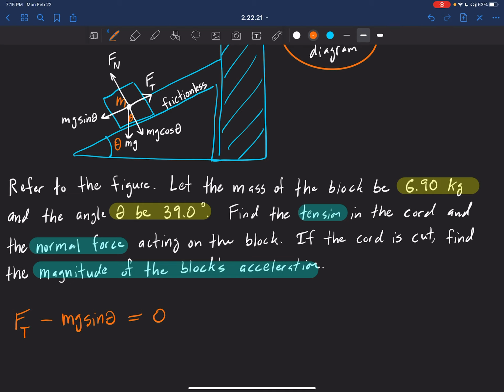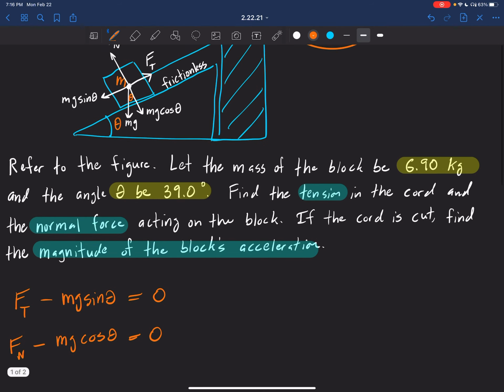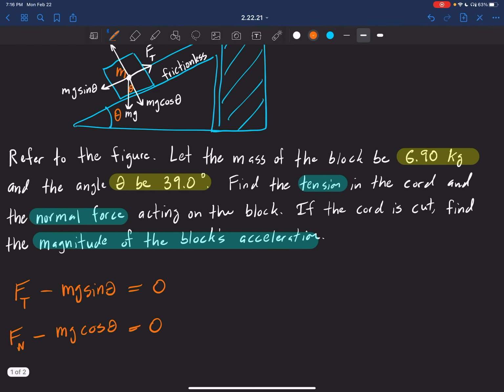And also, the normal force minus mg cosine theta is equal to 0. That has to do with the block not moving, so all of these different forces on it have to cancel out for the net force to be 0. And we know that the net force is 0 because it's not moving. So we can rewrite these like this.